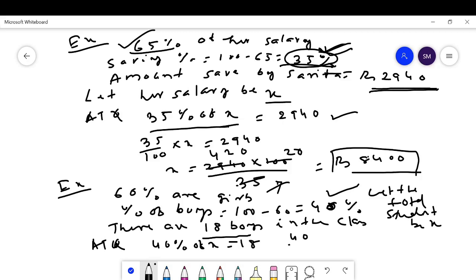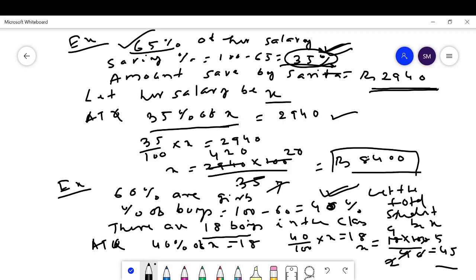This means 40 upon 100 into x is equal to 18. x equals 18 into 100 upon 40. 0, 0 cancel. 2 nines are 18, 5. The total number of students is 45. We come to the conclusion that total students are 45, out of which 40% are boys and total boys are 18.